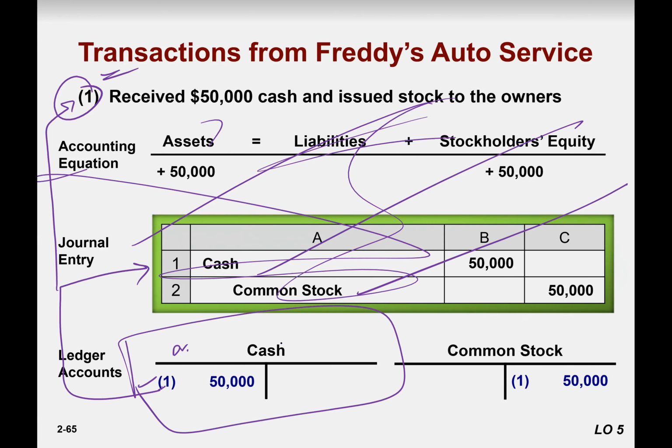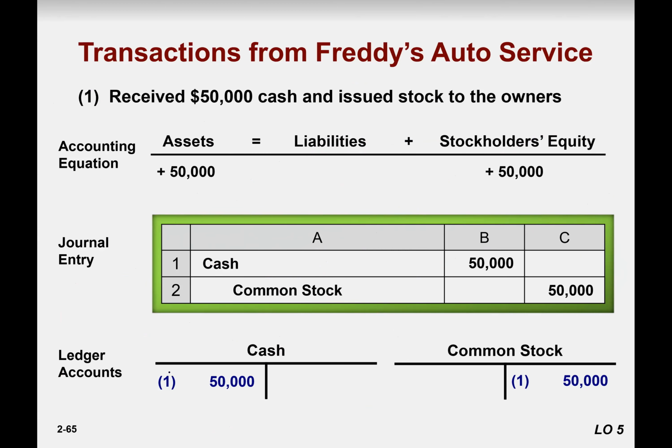Of course, cash is debited against common stock 50,000, and common stock is credited against cash, because this is the credit side, this is the debit side. Everyone understand that?